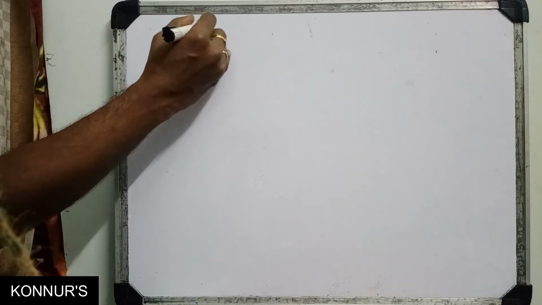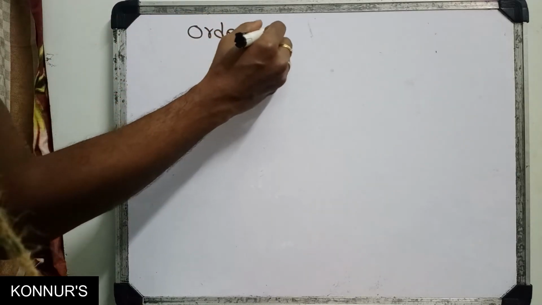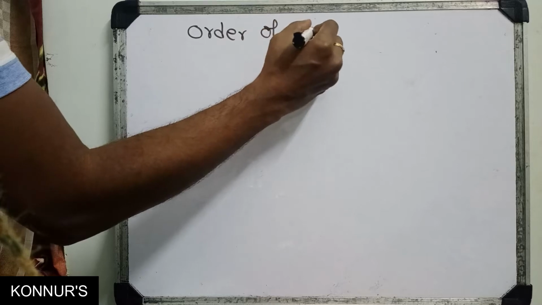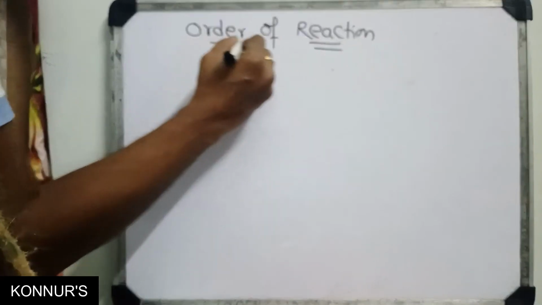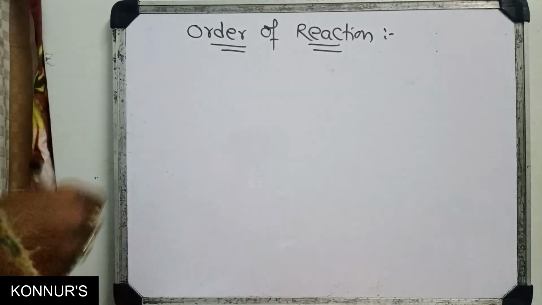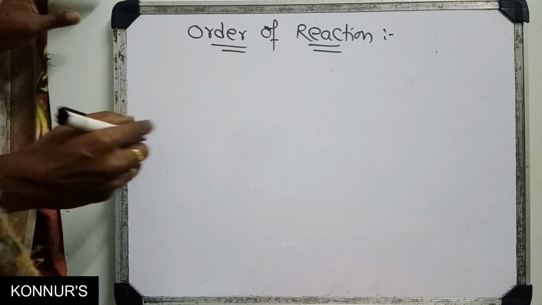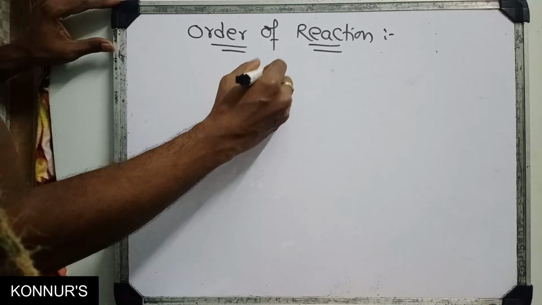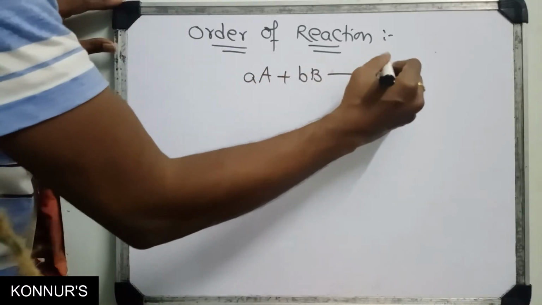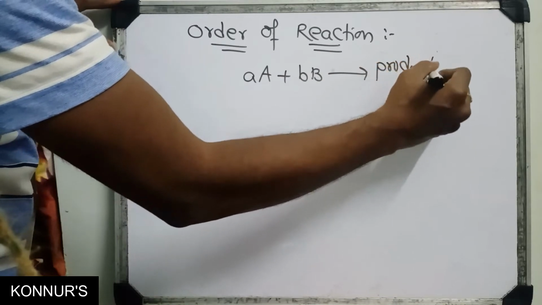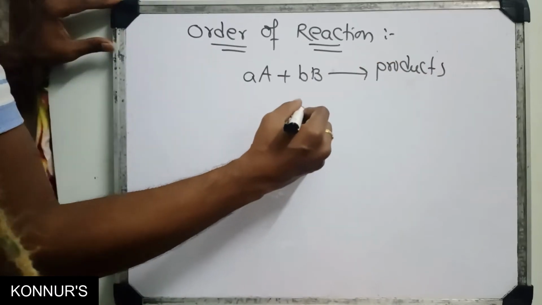Next, order of reaction. See the same equation: aA plus bB gives rise to products. So what is the rate equation?